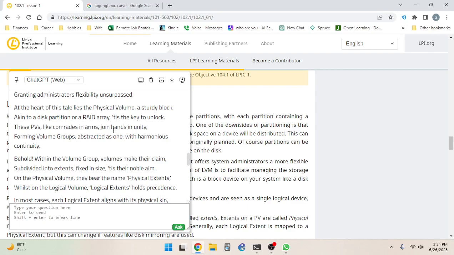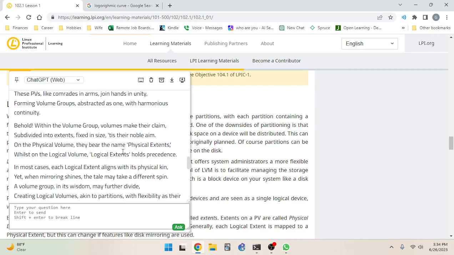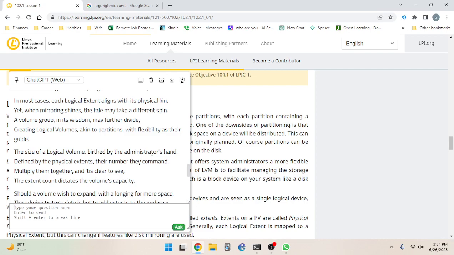continuity. Behold, within the volume group, volumes make their claim, subdivided into extents, fixed in size, 'tis their noble aim. On the physical volume they bear the name physical extents, whilst on the logical volume, logical extents holds precedence. In most cases, each logical extent aligns with its physical kin, yet when mirroring shines, the tale may take a different spin.